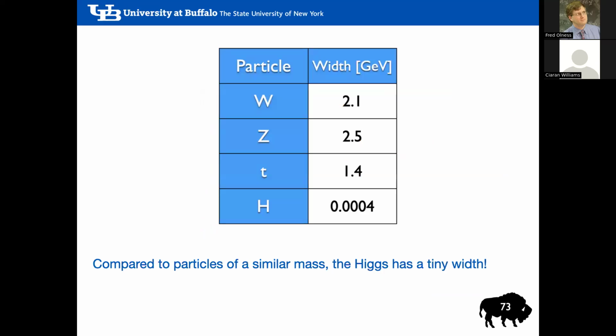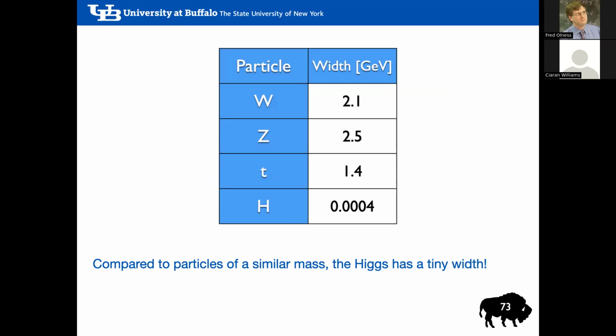Okay, so one of the oddities of the Higgs is that when I compare it to its friends, it looks a bit different, right? So these groupings of 4 are roughly the big hitters of the standard model. They're the ones with masses above 50 GeV.